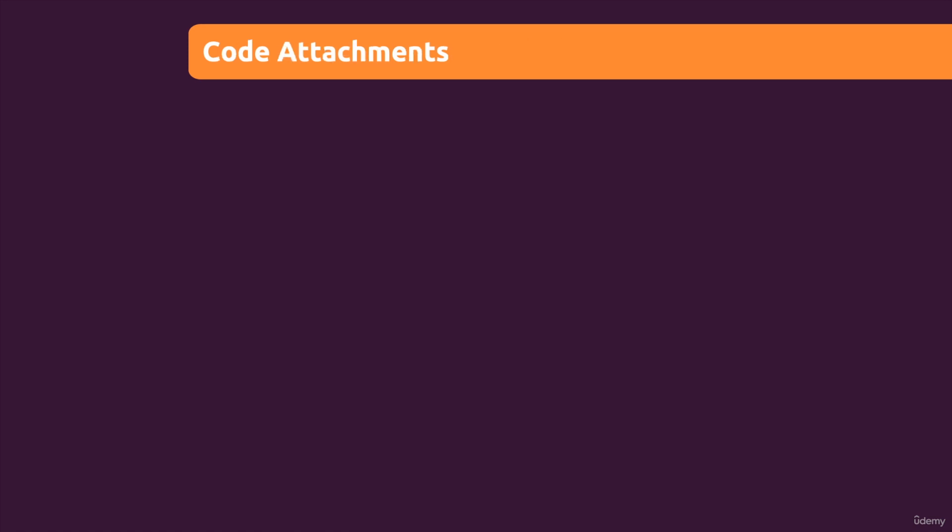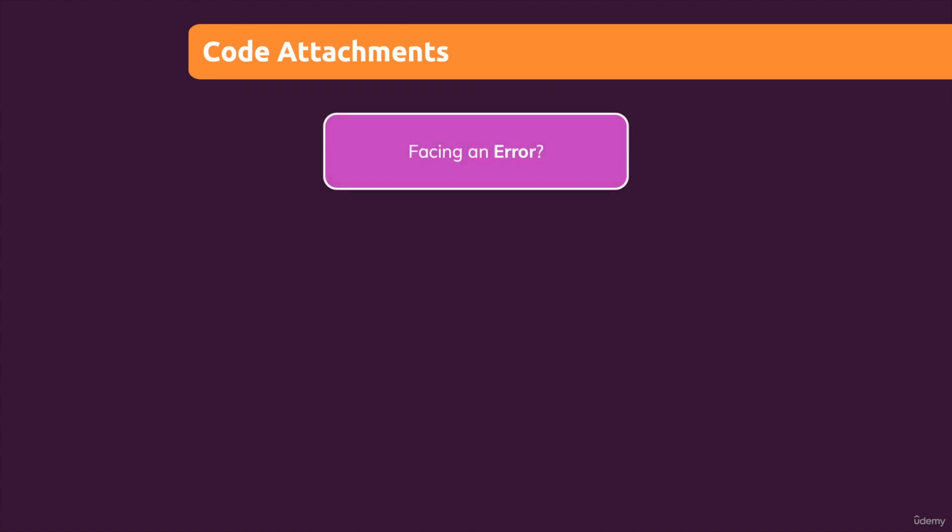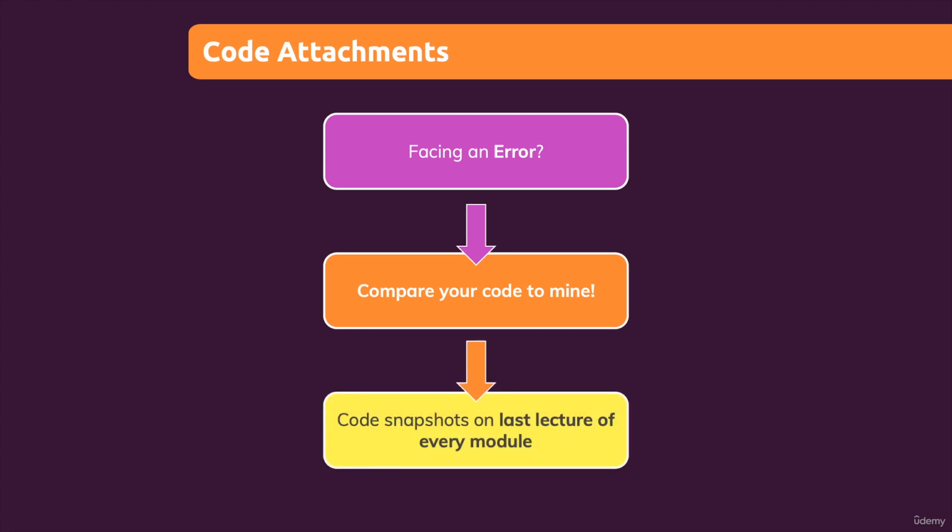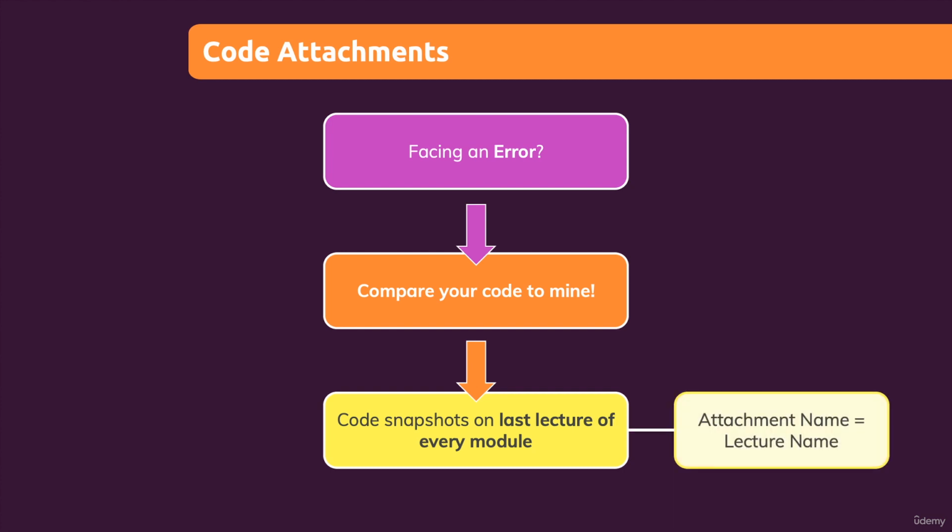In addition, if you're facing errors, if you get an error in your code, which I don't get in the videos, compare your code to mine. You'll find code snapshots attached by me on the last lecture of every course section. On the last lecture of every section, you'll find code snapshots for the different lectures in that section.